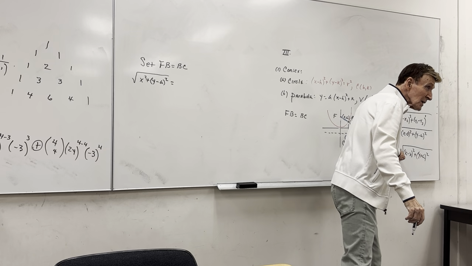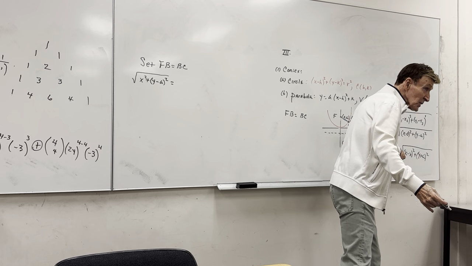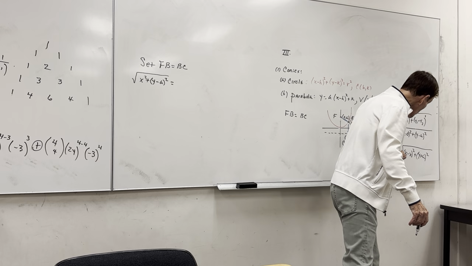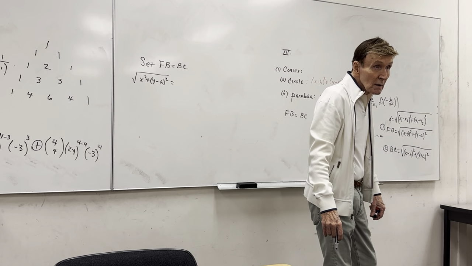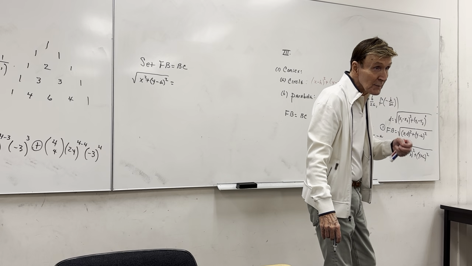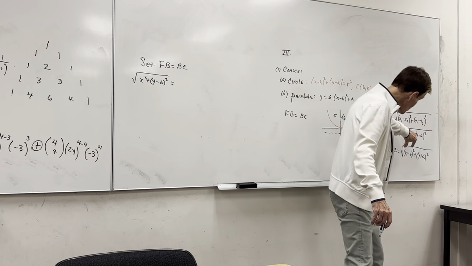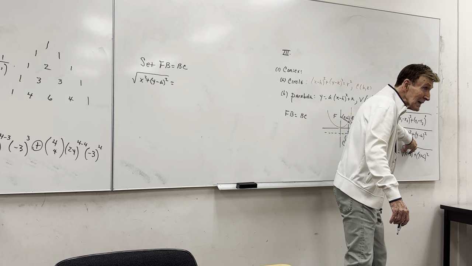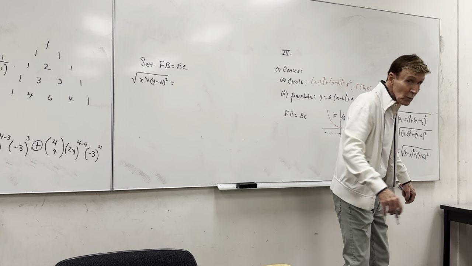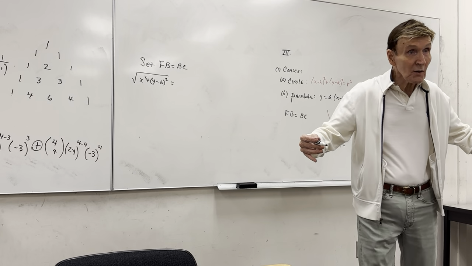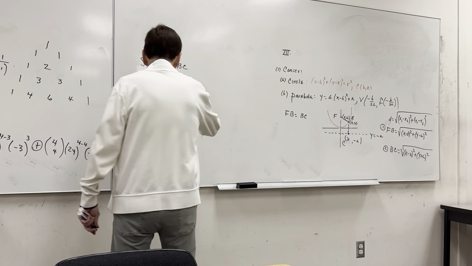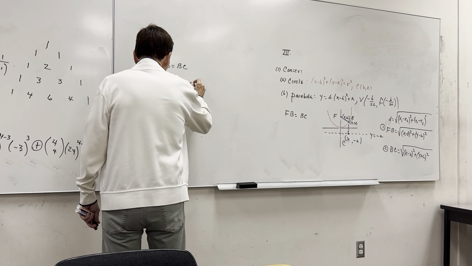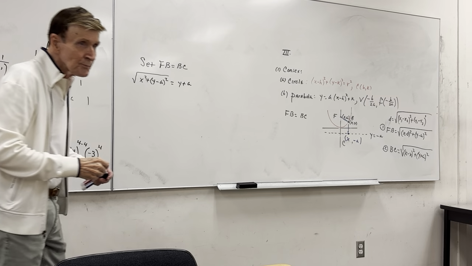This comes out nicer. The x's cancel, that's 0. So I end up with the square root of y plus a squared. Could I just call that y plus a? Yeah. A perfect square root, which we lucked out on.